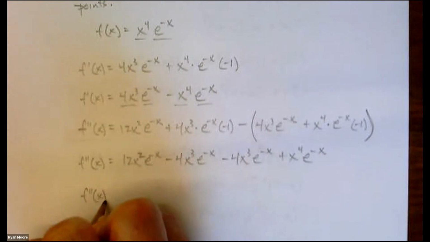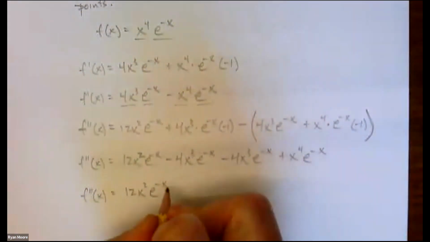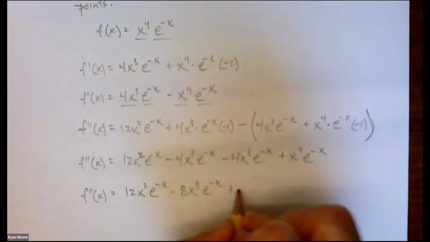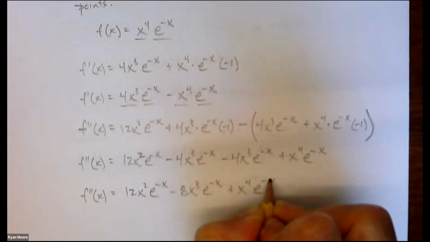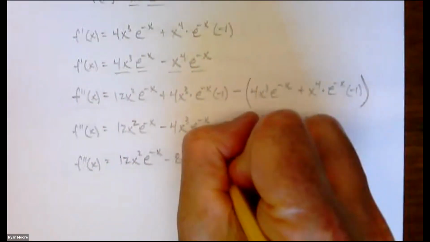Okay, let's go ahead and simplify all of this. Minus 8x cubed e to the negative x plus x to the fourth e to the negative x. Looking good.